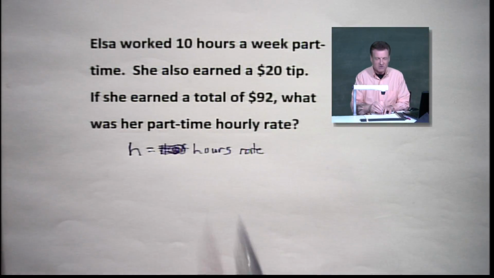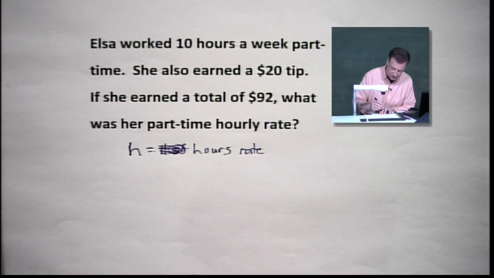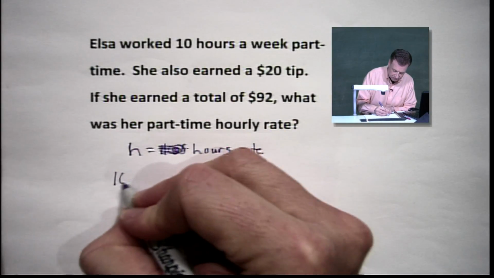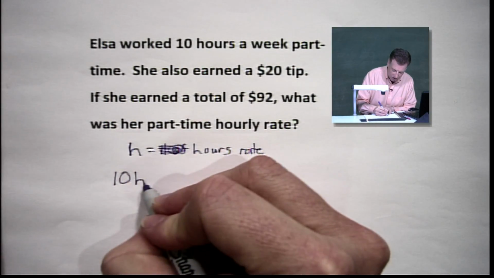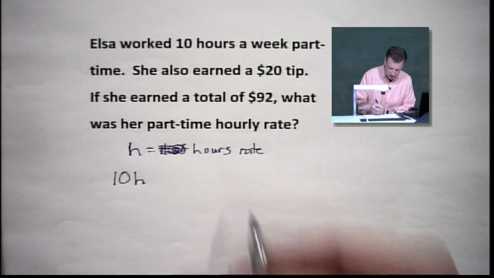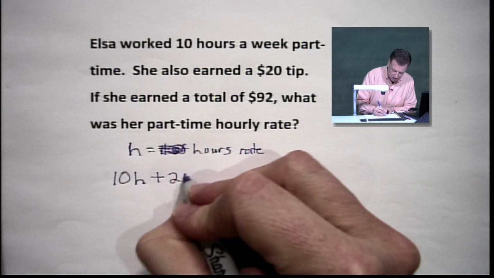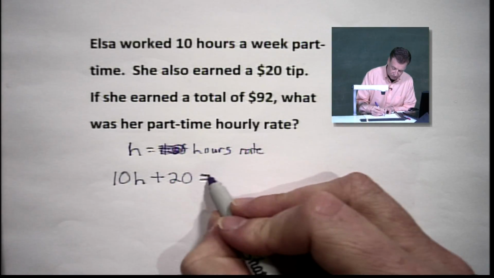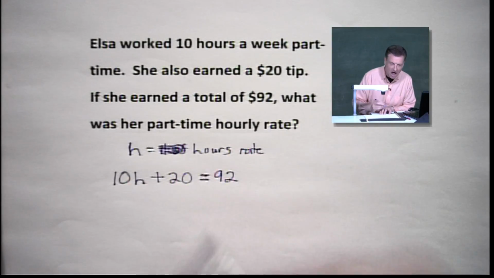She worked 10, so we want to know how much she earned. So let's see, we've got 10 times that hourly rate, and then she earned a $20 tip in addition. And her total paycheck was $92.